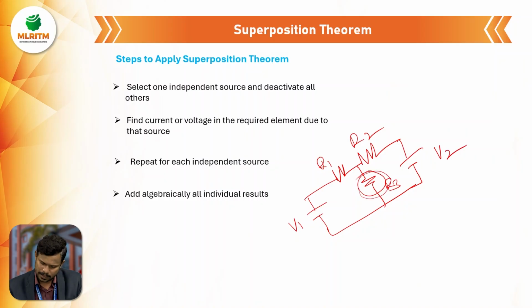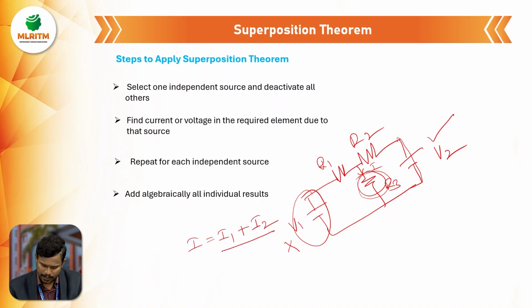The response across this R3 is the overall response, considered as I. Due to voltage source V1 and absence of V2, that current is considered as I1. And when V2 is present and V1 is absent, that response is considered as I2. These two are the individual responses. The algebraic sum of the individual responses is equal to the overall response. That is the superposition theorem.